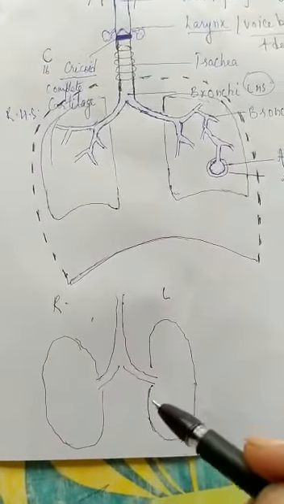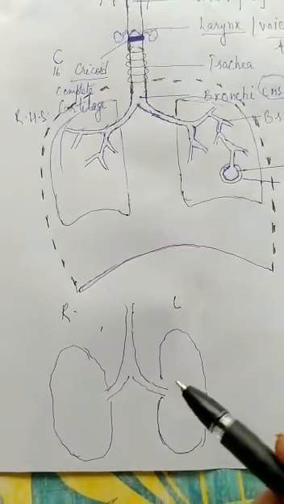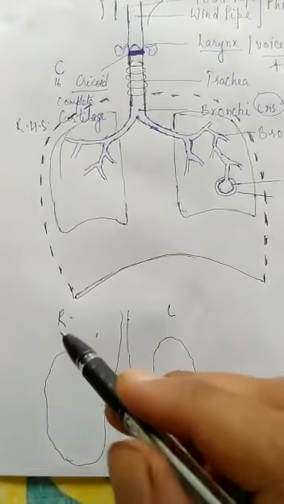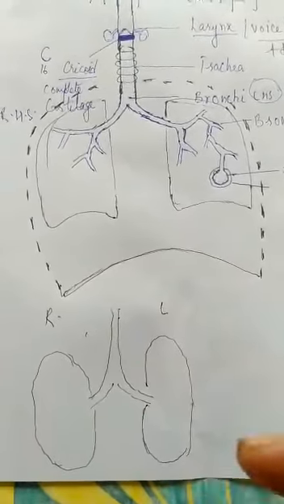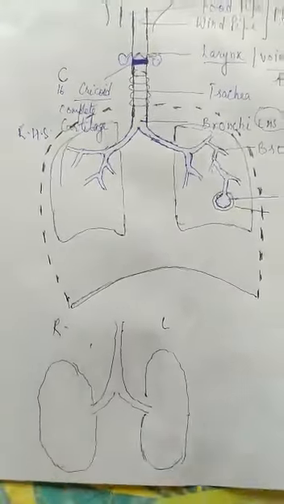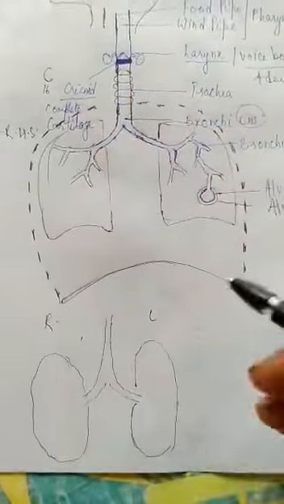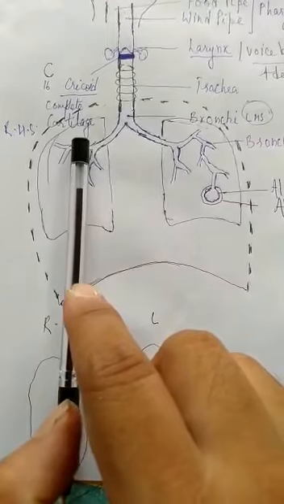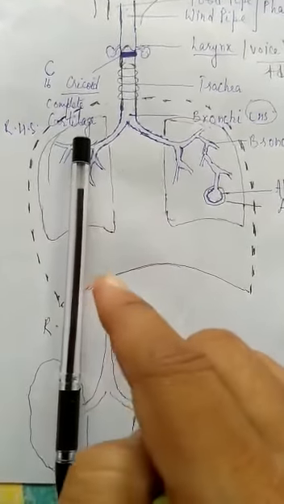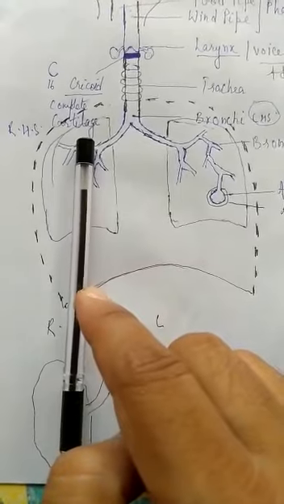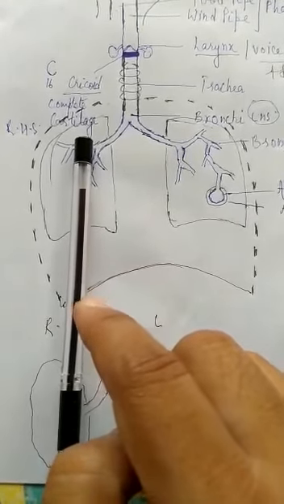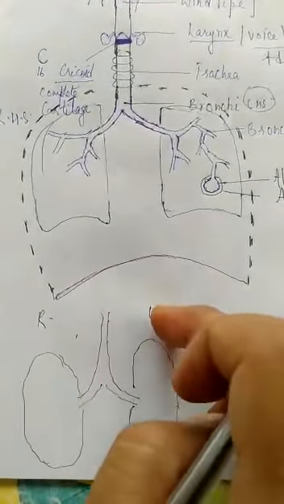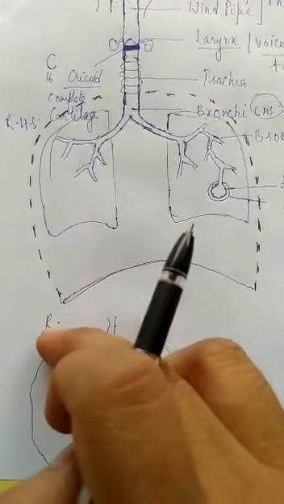When we go for the anatomy part, we always mention the right side as the left side and the left side as the right side, because anatomy is read when the person is kept in front. Let's say one person is standing here, so according to that person, this is the left hand side, and this will be my right hand side. That is why I have made your right side as the left side and your left side as the right side.